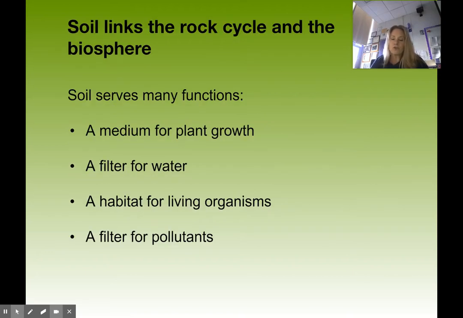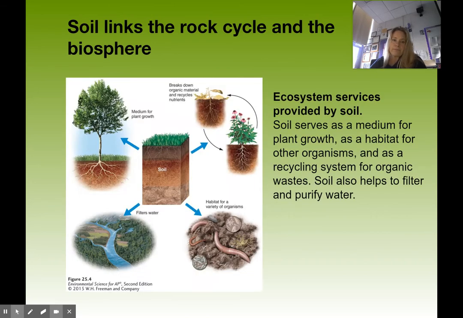All right, so soil in environmental science serves a lot of different functions. It's a medium for plant growth, it filters water, it's a habitat for creatures that live underground, and it also filters pollutants. So there are a lot of different things that soil does besides just growing plants. These are the ecosystem services, the services that a soil provides, like growth, which is what we talked about in the last slide.